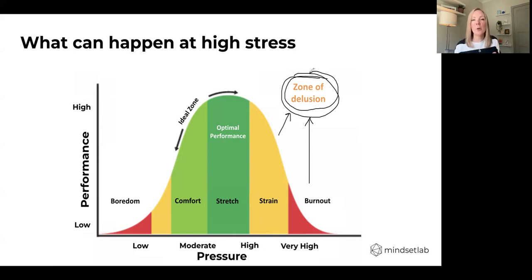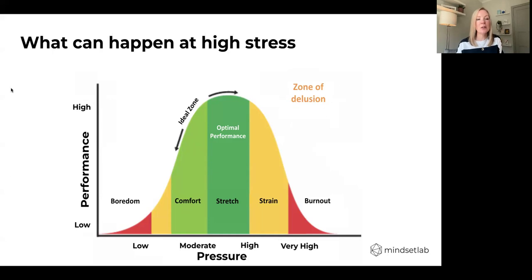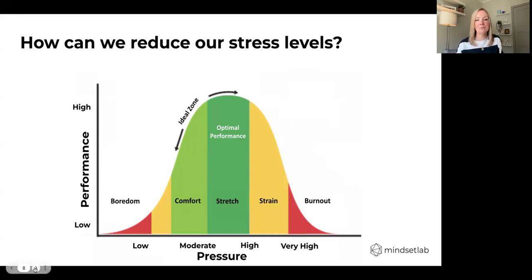I need to get going, going, going. Because we're so stressed and burnt out and strained, we just can't see the wood for the trees. And that is a really bad thing for our performance, because we often don't have the headspace to think, what is the next right thing, and to actually focus on it. So we want to be very mindful about stress and burnout, and that we don't head into this zone of delusion. We want to catch things before we get there.